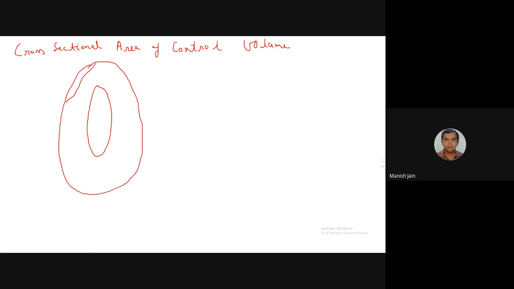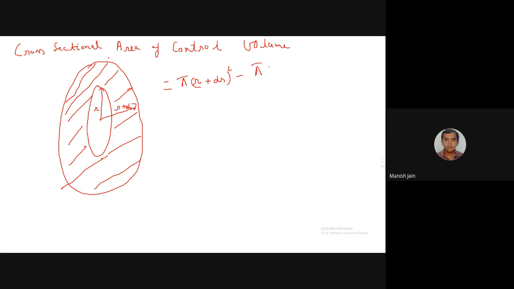Okay, so we have to calculate this area. Internal radius is small r, outer radius is r plus dr. So that is equal to pi (r plus dr) square minus pi r square. Okay, that is the cross sectional area of the control volume.